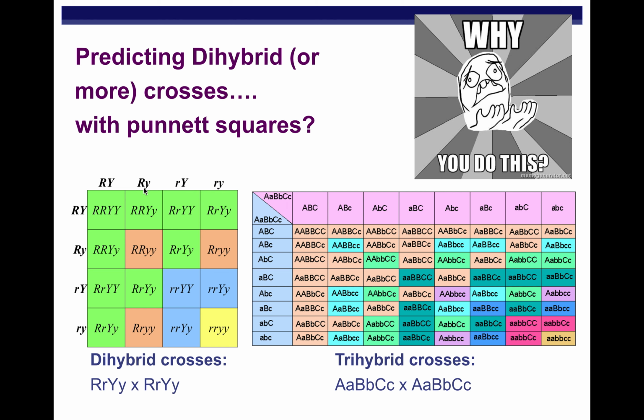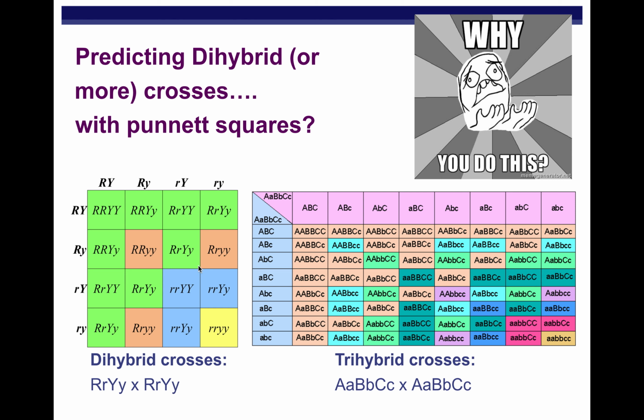Really carefully look at the crosses in the Punnett square and note that whenever you have different genes, they're designated by different letters. So the A letter designates one gene, the B letter designates a second gene, the C designates a third gene.